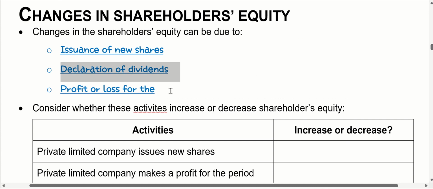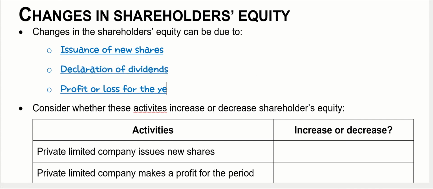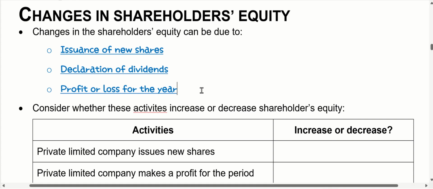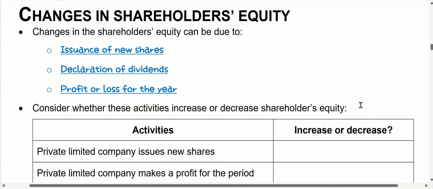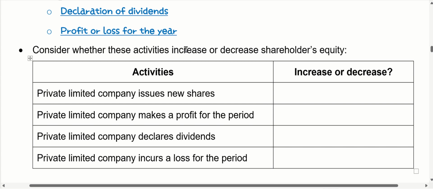Or it can be due to profit or loss for the year, whether you made a profit or a loss. Now, what you need to do is to try on your own whether these activities increase or decrease shareholders' equity. So you can pause and just do a quick try. Pause now and try whether these items increase or decrease shareholders' equity.